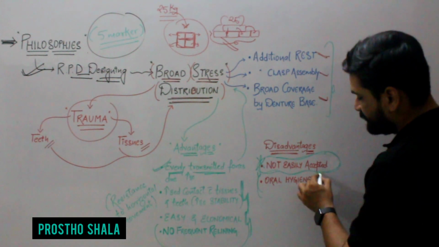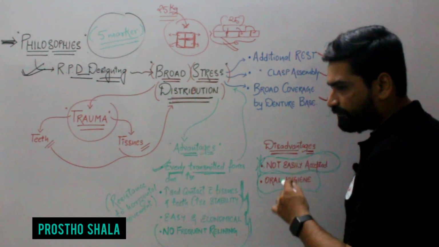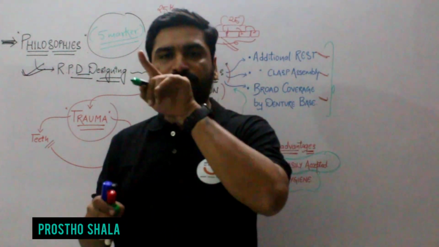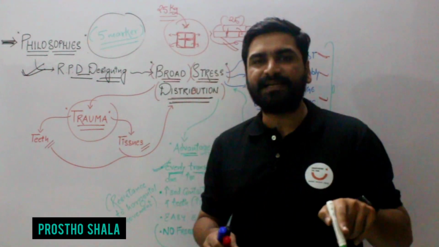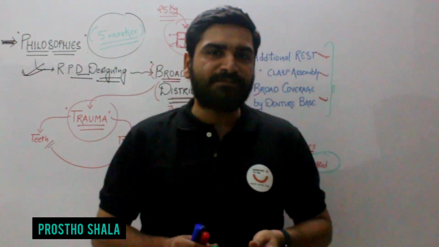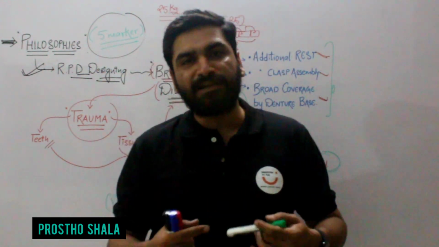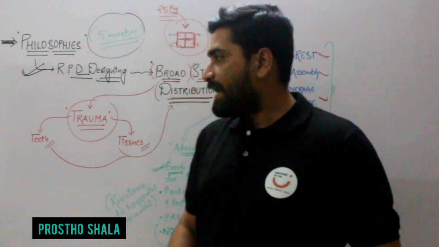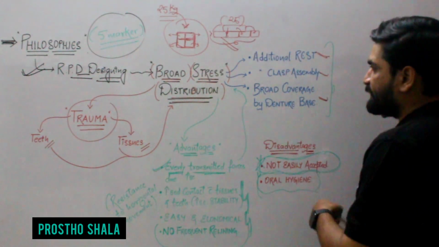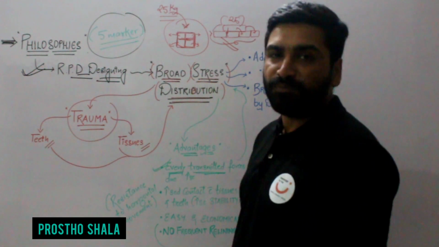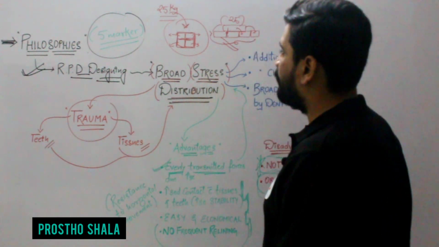Second is oral hygiene. As you have n number of components here and there, food might get lodged in various areas and oral hygiene might become difficult to maintain. In that case, you should regularly monitor this patient and also teach them the oral hygiene aids required for such a prosthesis.